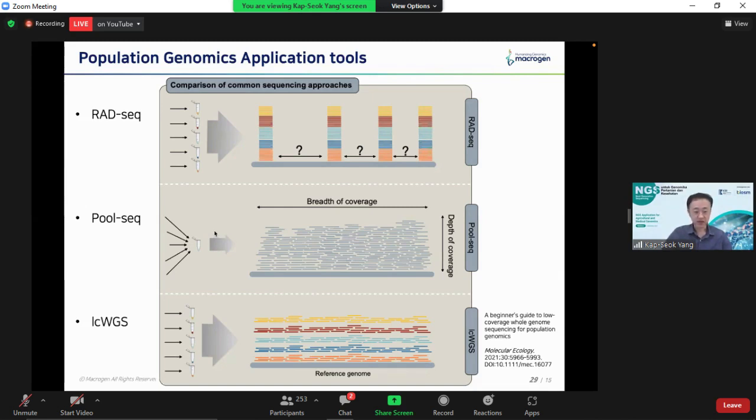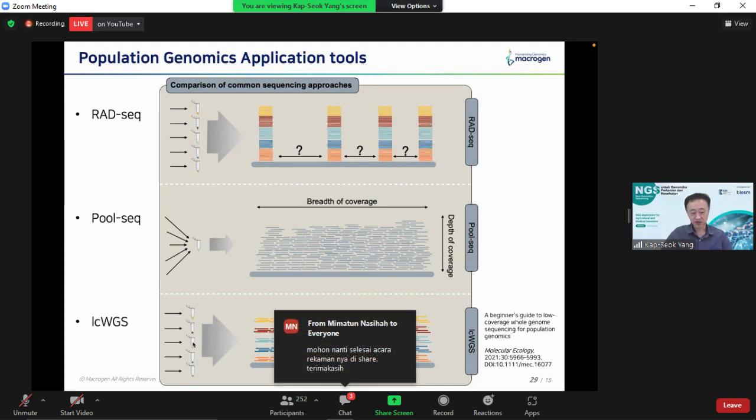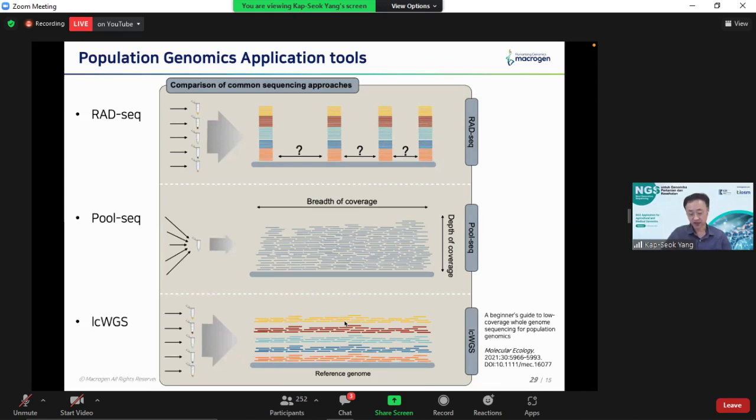So it has inherent limitations. But LC-WGS is sequencing individual libraries for the whole genome, not just part of the genome, but at very low depths. So this is the basis, the theory about low coverage whole genome sequencing.